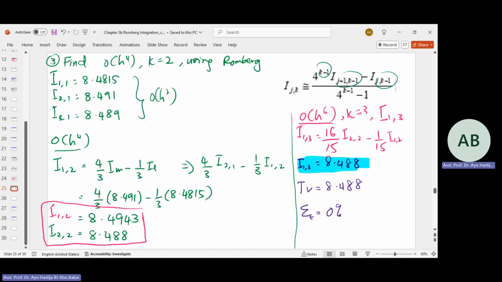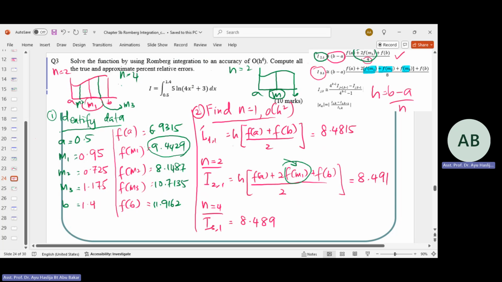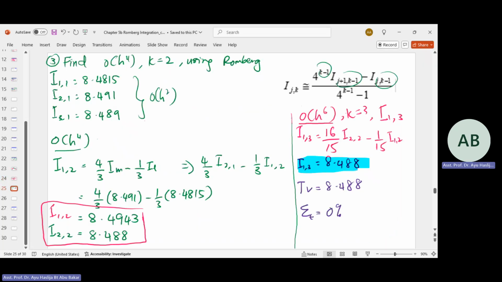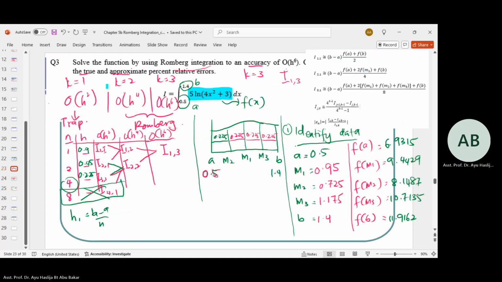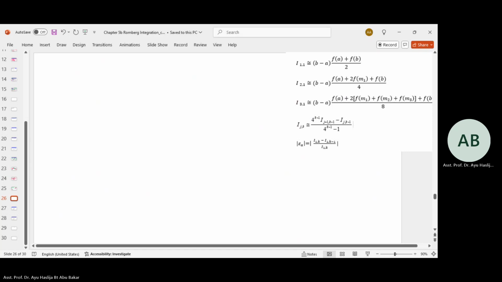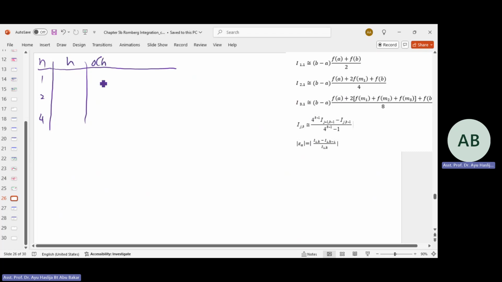Okay. Now, the question also asks you to find approximate error just now, right? So for the approximate, I would suggest you to show all your data in the table form. This is your H. This is O(H^2).